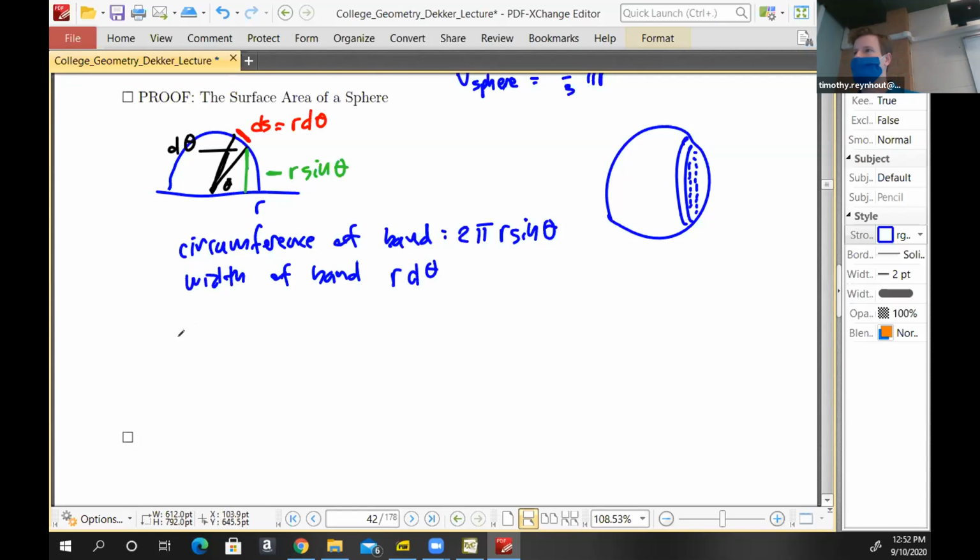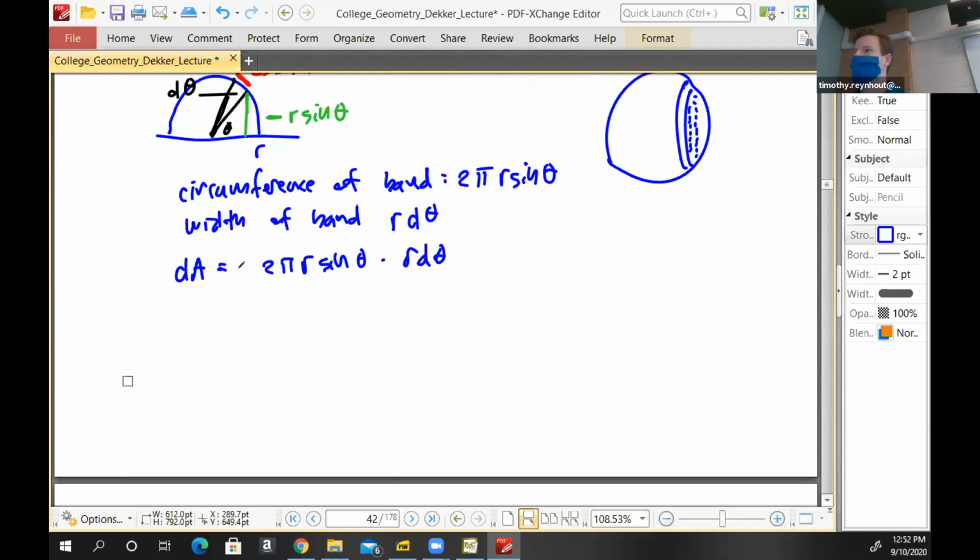So that would give us dA. The change in area is the size of each band, which would be the width of the band times the circumference of the band. So we have 2 pi r sine theta times r d theta.